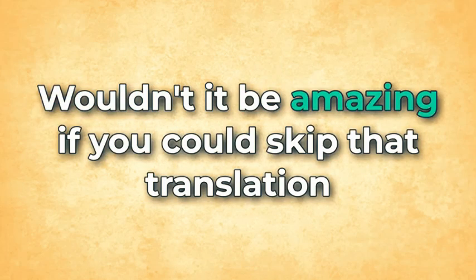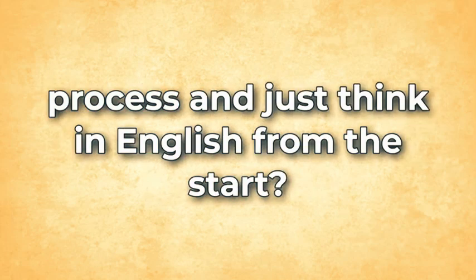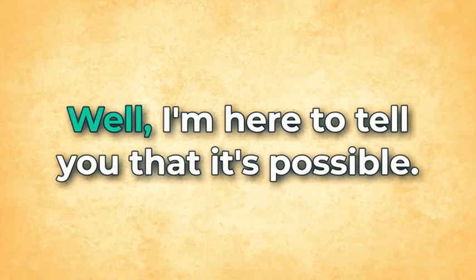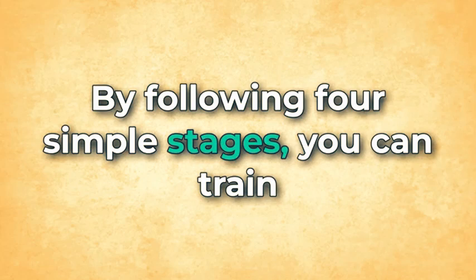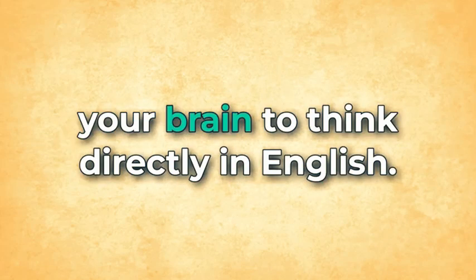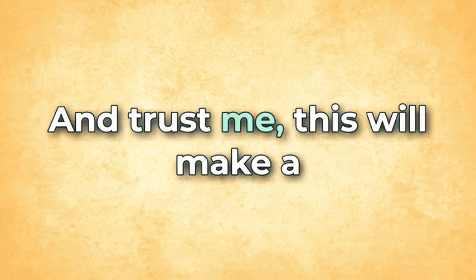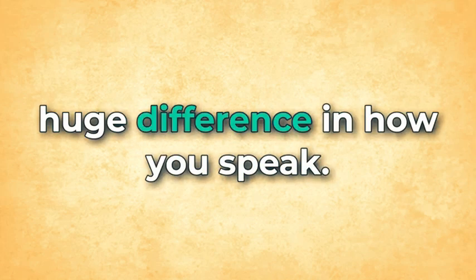Wouldn't it be amazing if you could skip that translation process and just think in English from the start? Well, I'm here to tell you that it's possible. By following 4 simple stages, you can train your brain to think directly in English. And trust me, this will make a huge difference in how you speak.